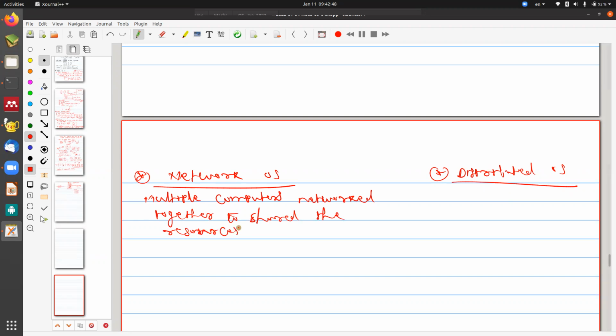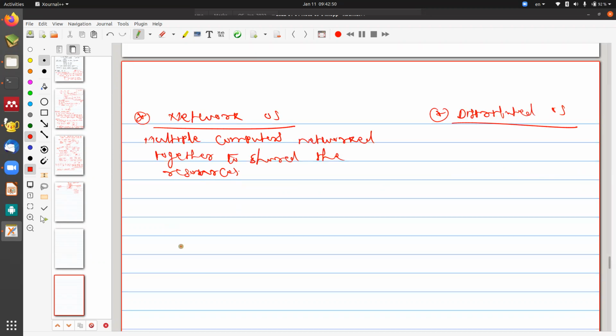The meaning is that suppose it is our department. In this department, in one room, this is one computer, this is one, this is one, this is one. And they are connected in some way. Now what happens? This has a printer. And this had some other printer or scanner.